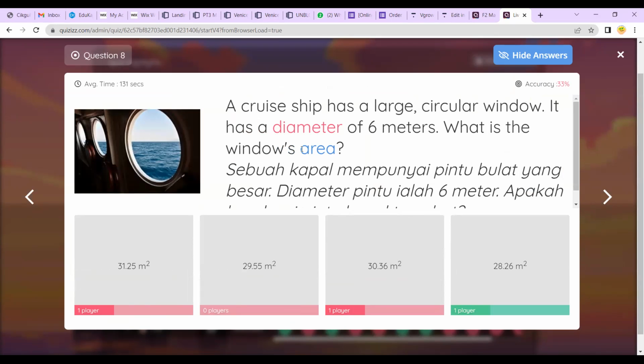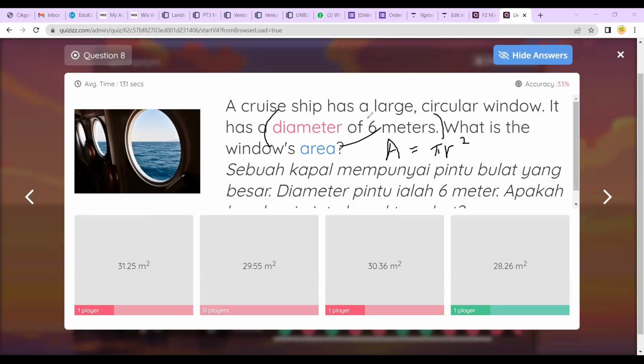So same thing to find area of a full circle, a complete 360-degree circle. So the formula is what? Area equal to pi r squared. Okay, so the information here is about diameter. Diameter 6 meter.